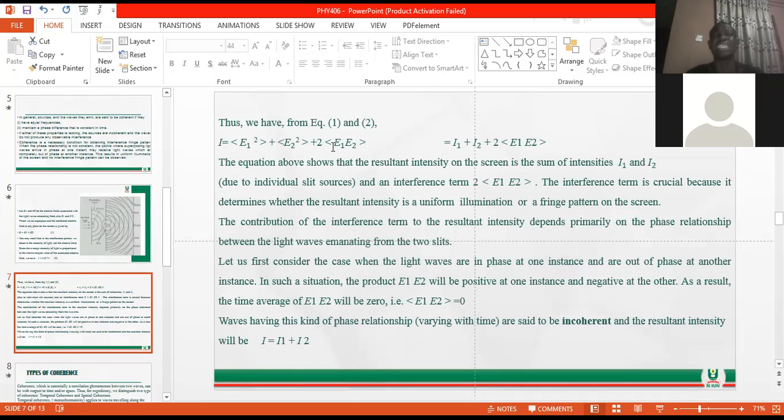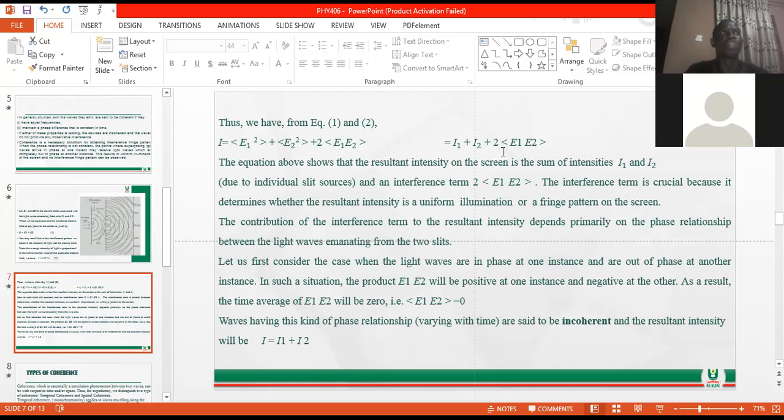But what we're actually interested in is the end equation. The equation above shows that the resultant intensity on the screen is the sum of the intensities I1 and I2 due to the individual slits and the interference term 2E1E2. We are just saying that the intensity you can observe on the screen is a result of the intensity from E1 and E2 and the interference term.